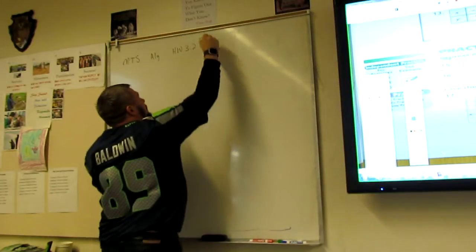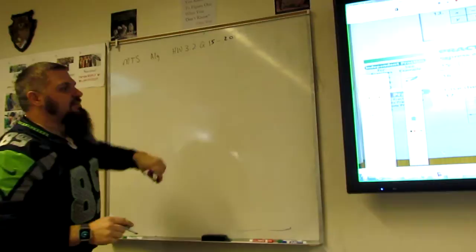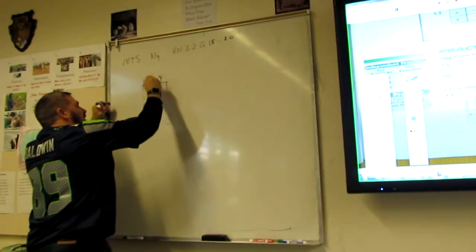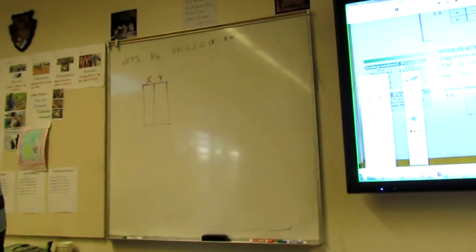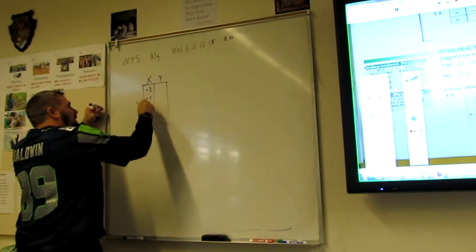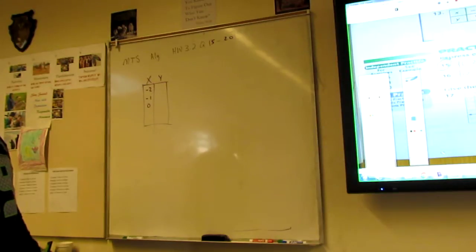All right, 15 to 20. So we've got to make this a table. A table has X and Y. It's real simple. I take my X's: negative 2, negative 1, 0, then 1 and 2.